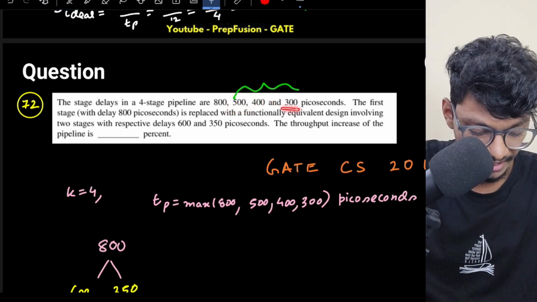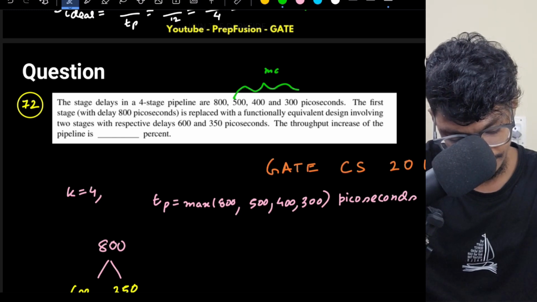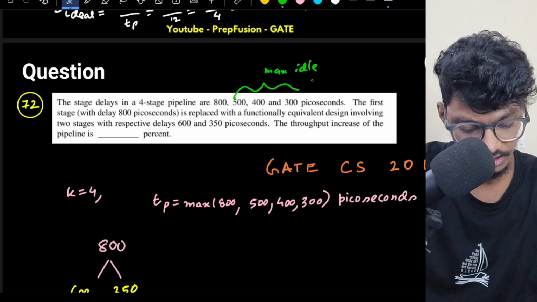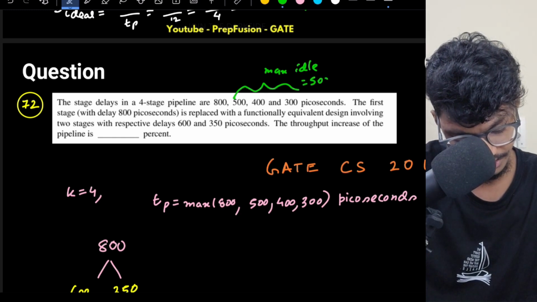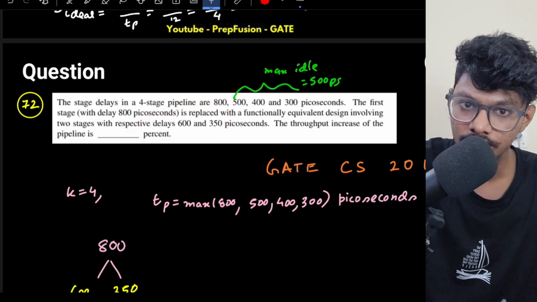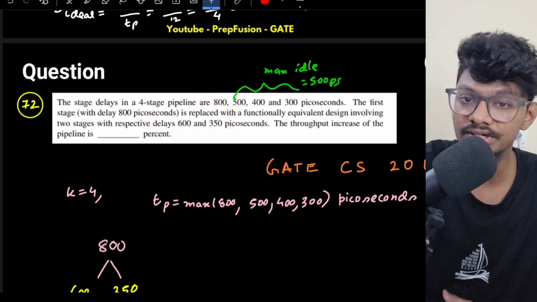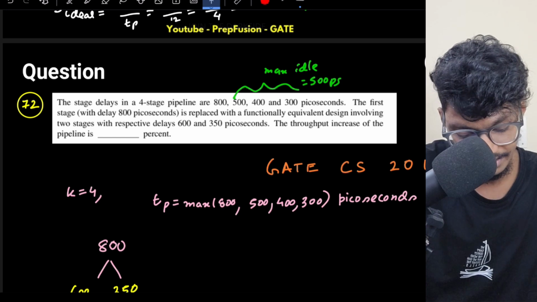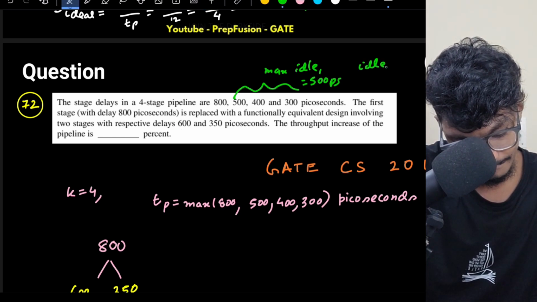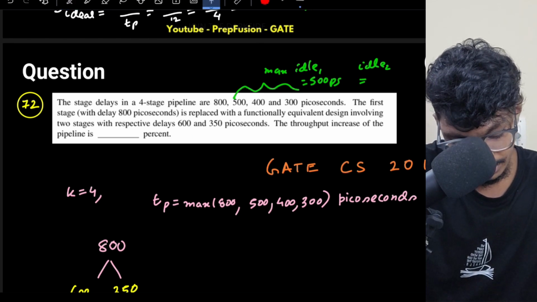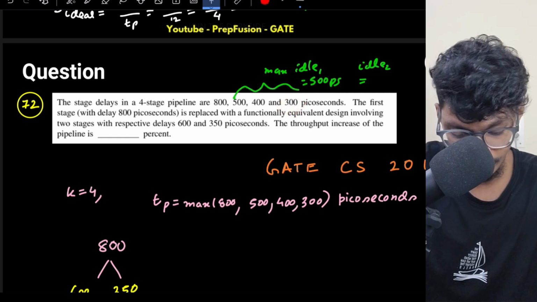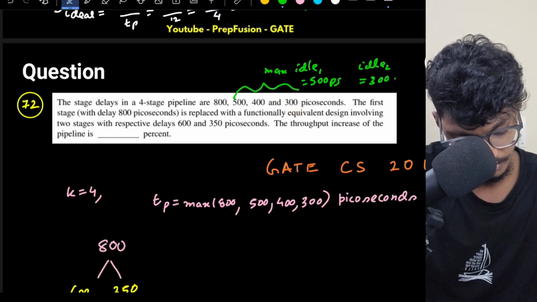The maximum idle time, if I choose the maximum one, is 500 picoseconds for the last stage in case 1. But if I break down the first stage, then in case 2 TP is 600 now, not 800 anymore. So the maximum idle time can only be 300 picoseconds.